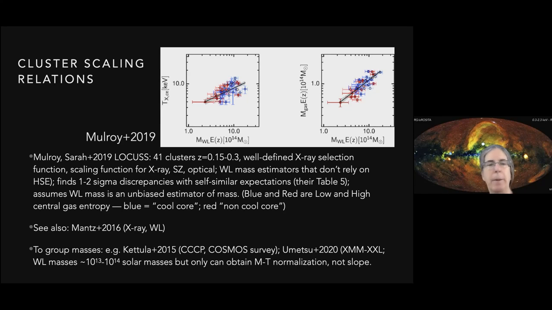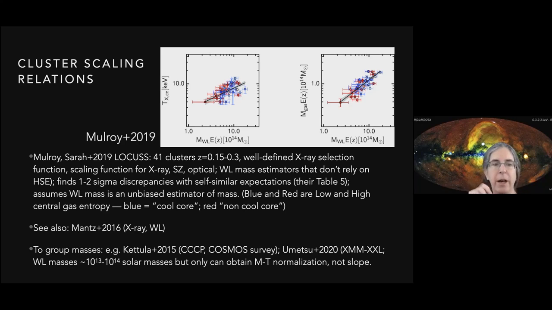So they fit scaling functions to X-ray, Sunyaev-Zeldovich, and optical mass estimators. They also have weak lensing masses for all of these clusters, so these estimators don't depend on the assumption of hydrostatic equilibrium. They find 1 to 2 sigma discrepancies with self-similar expectations. If you look at their Table 5, it's a massive list of comparisons between their fits and self-similarity.